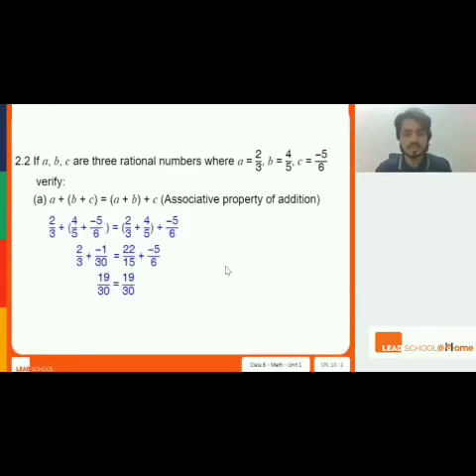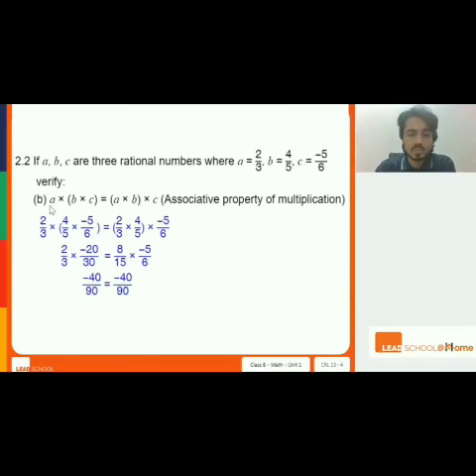So for the first part, if we add the left hand side and the right hand side, we can see that we get the answer 19 by 30 in both cases. If we add B and C first and then add the sum to A, we get 19 by 30. If we add A and B first and then add the sum to C, we get 19 by 30.